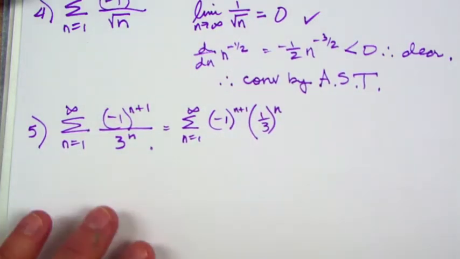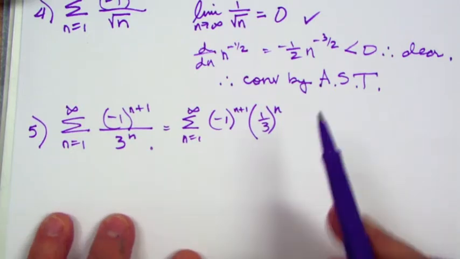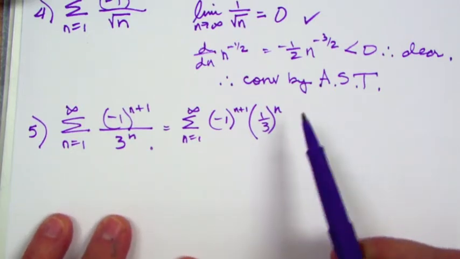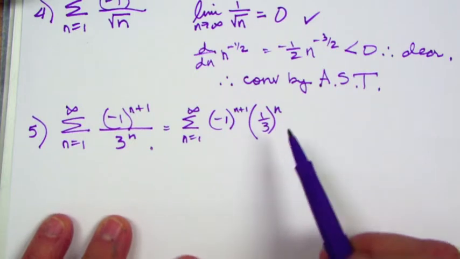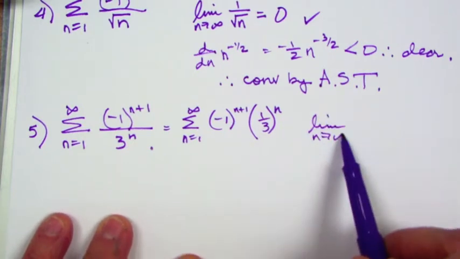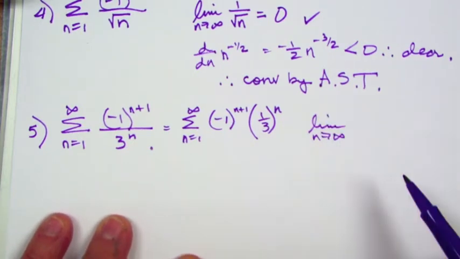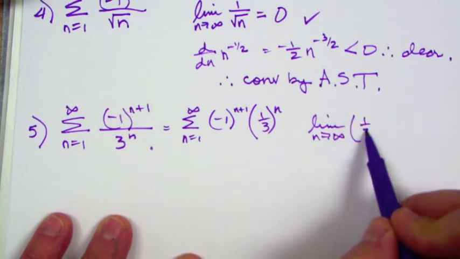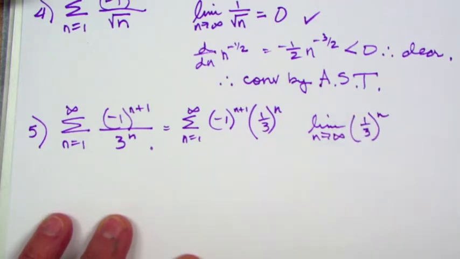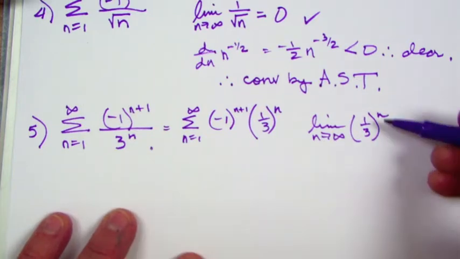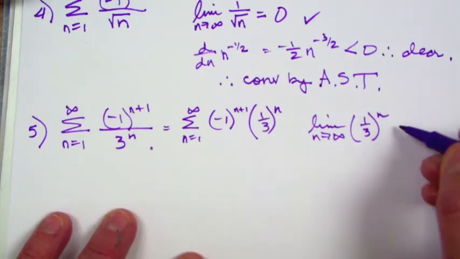Okay, so clearly this is an alternating series, so the first thing I'm going to do is the limit as n approaches infinity of (1/3) to the n. Yeah, since 1/3 is smaller than 1, I know it goes to 0. So there's part 1. And then I've got to check that it is decreasing, right?